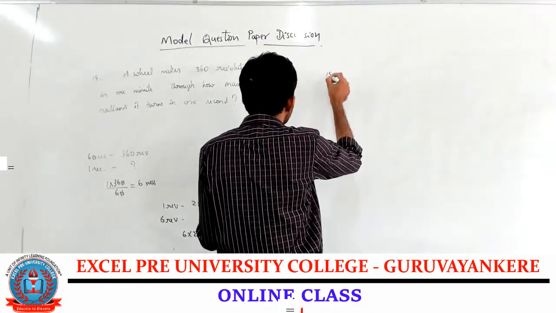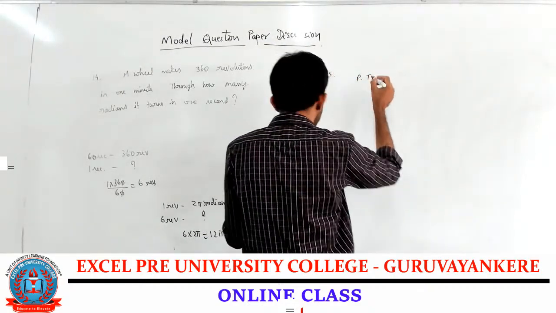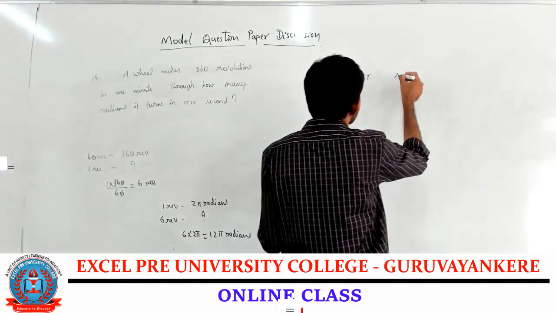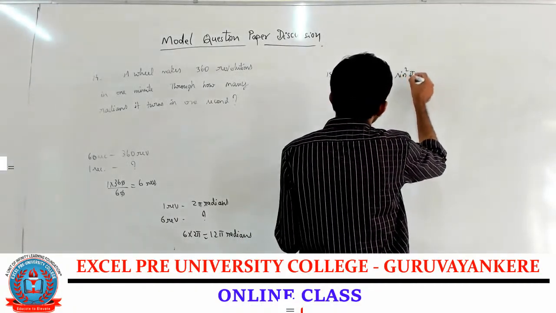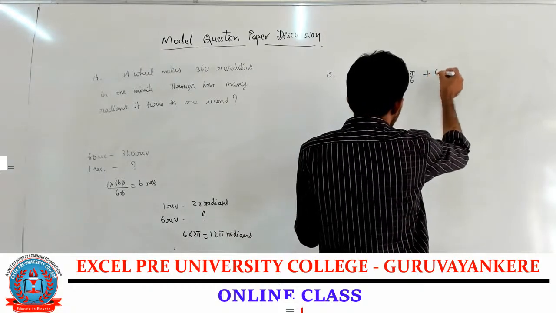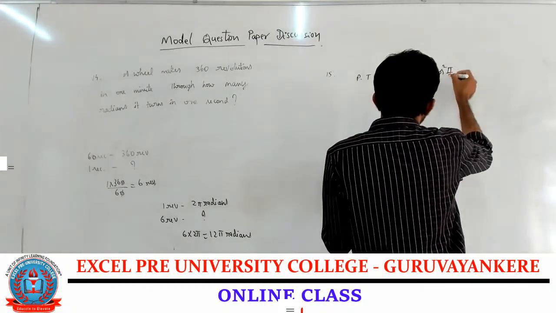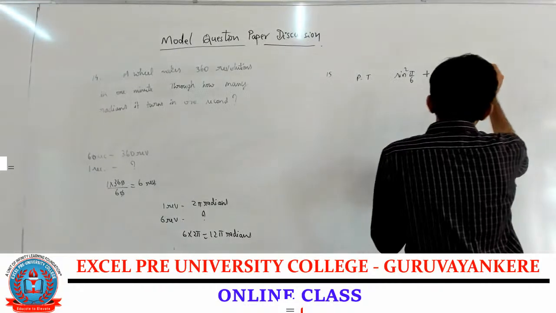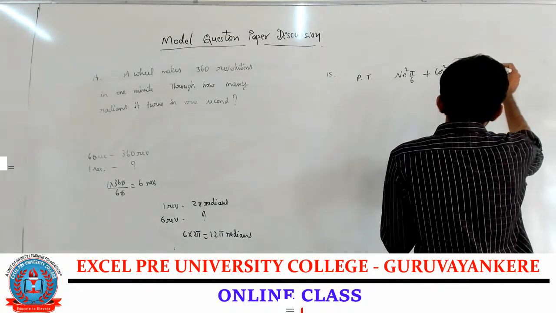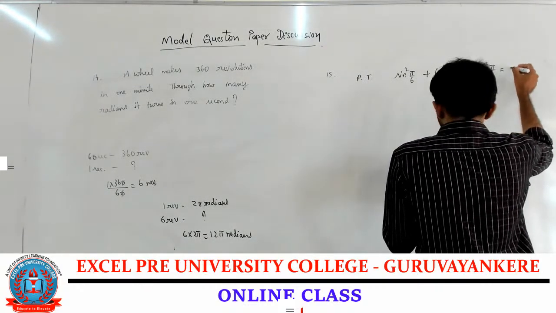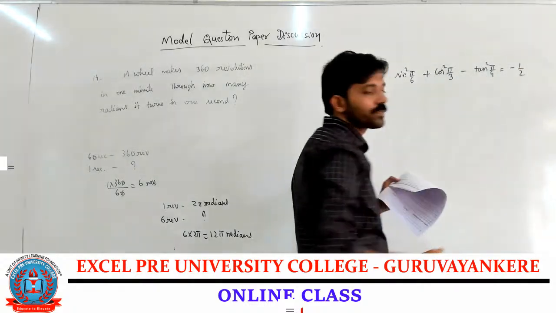Next, 15th one. Prove that sin²(pi/6) + cos²(pi/3) - tan²(pi/4) is equal to minus half.